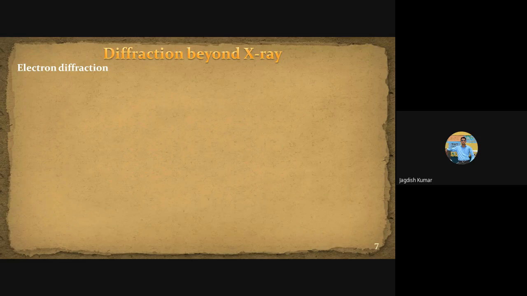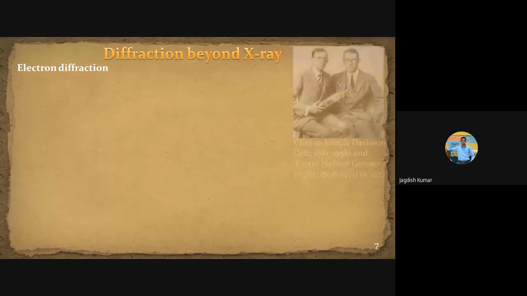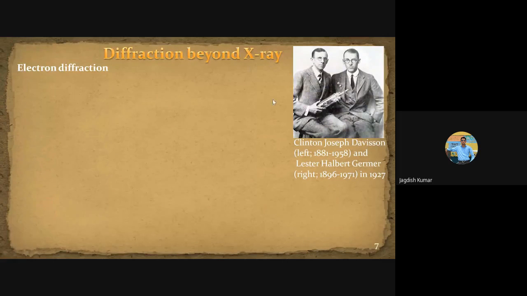I hope you have heard of the very famous experiment by Davisson and Germer. They employed an electron beam to study the diffraction pattern from a nickel crystal, and that is really interesting. This was a landmark experiment, as we study in quantum mechanics, because it established an interesting fact.